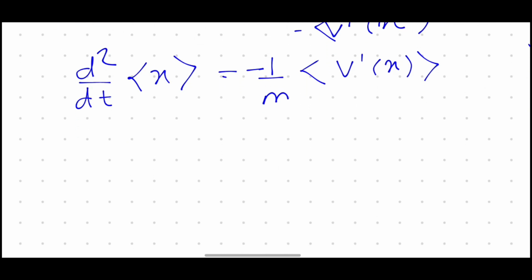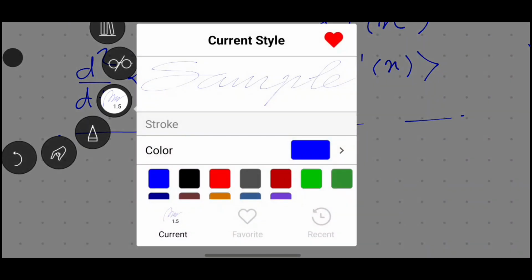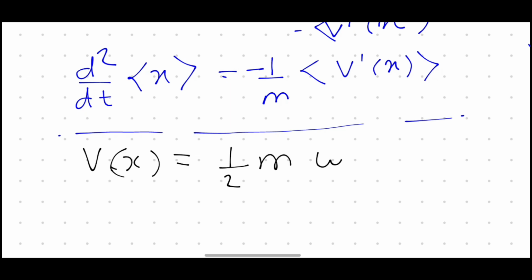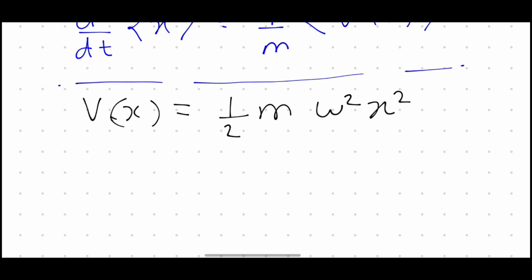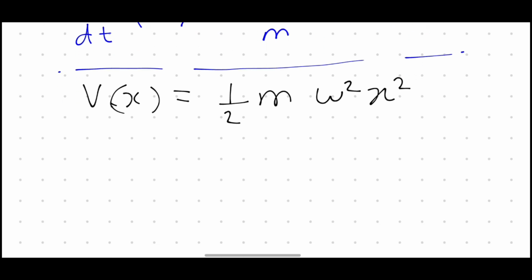Now if you recall something which is very, very major and important, you might have heard about it in your lower standards, that the potential of a harmonic oscillator is basically given by v of x is equal to 1 upon 2 m omega square x square. Now since we have v dash, we are going to differentiate it with respect to x.